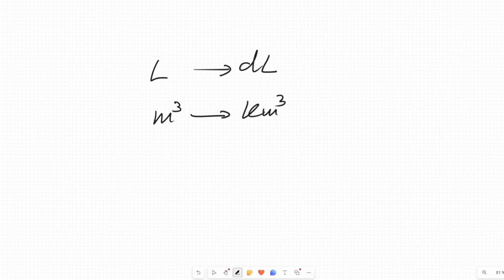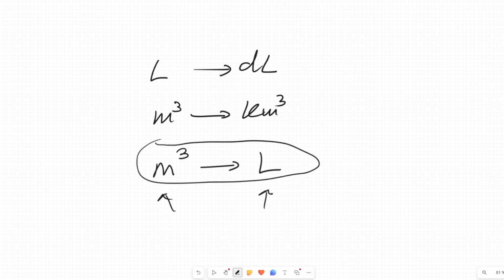But we didn't learn how to change between cubic meters and liters, for example. So between a cubic unit and a different unit. How can we make this change? Well, we're going to try to assess that as well in this video.